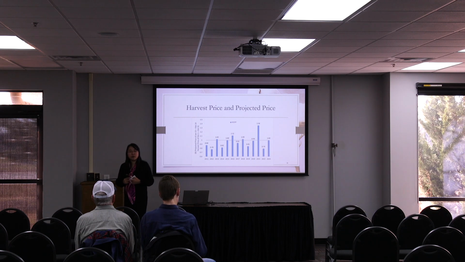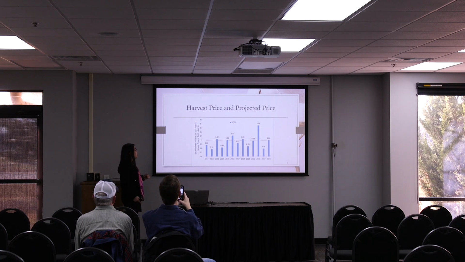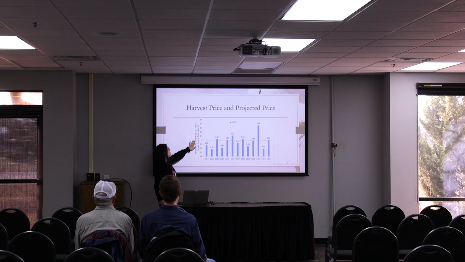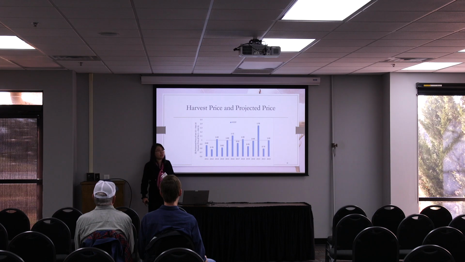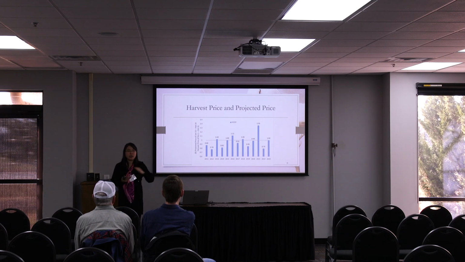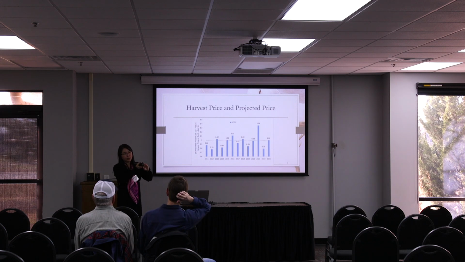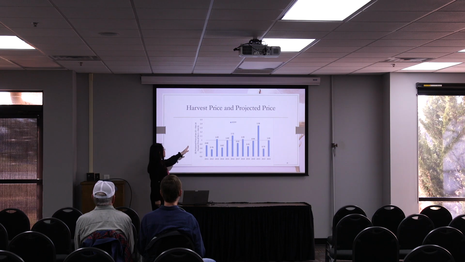This graph shows the projected price and harvest price for cotton each year in Georgia. The projected price discovery period is from January 15 to February 14, and after February 14 we'll have a better idea of the projected price, giving a baseline in terms of price protection, the price that is protected by crop insurance. And then in Georgia, the harvest price discovery period is in October.